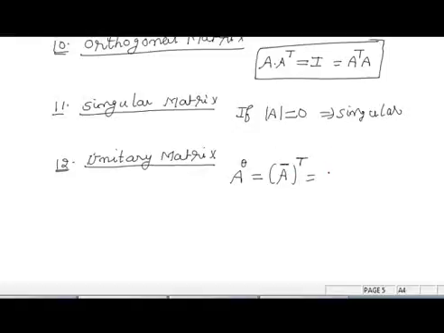So it is nothing but the transpose of the conjugate of matrix A. And since the conjugate term is used here, it means the matrix elements consist of complex numbers.